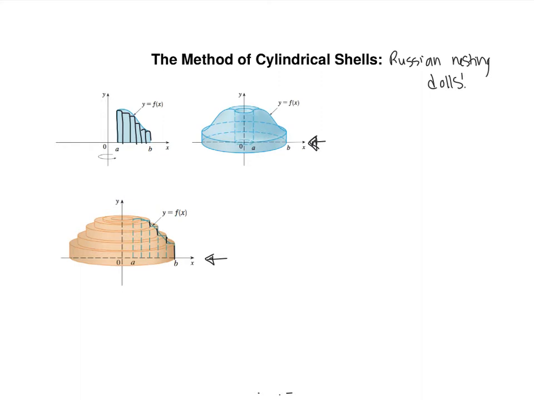So what we want to do is find an equation for the volume of a slice. Keep in mind that each slice is a cylinder with a hole, or a hollow cylinder. So here is an arbitrary hollow cylinder, and we're going to call its volume V sub i, the volume of one shell.